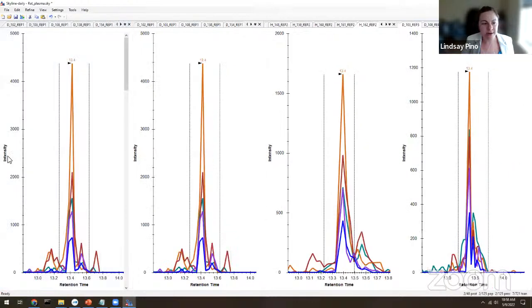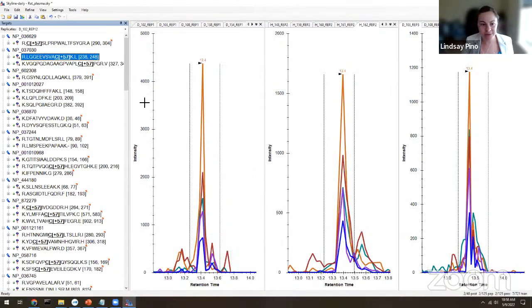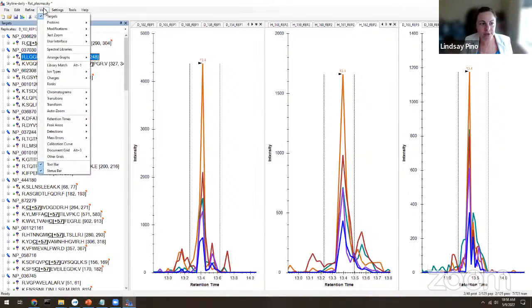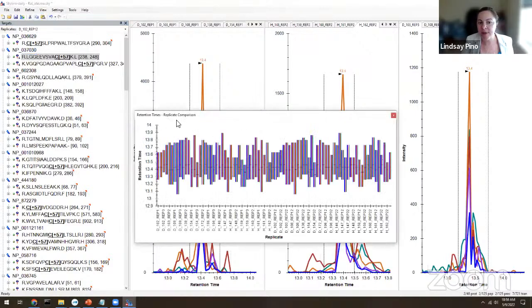I'm going to drag my target window back to the left-hand side because that feels very weird to have the targets on the right-hand side. I never see anybody do that, but maybe that somebody is you. So now we are going to pull up the retention times window. So view, retention time, replicate comparison. And now we get that retention time window back.